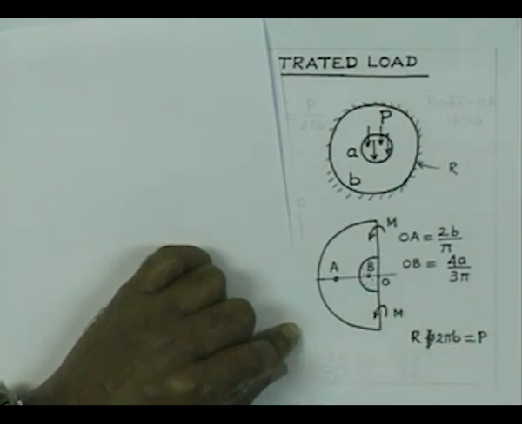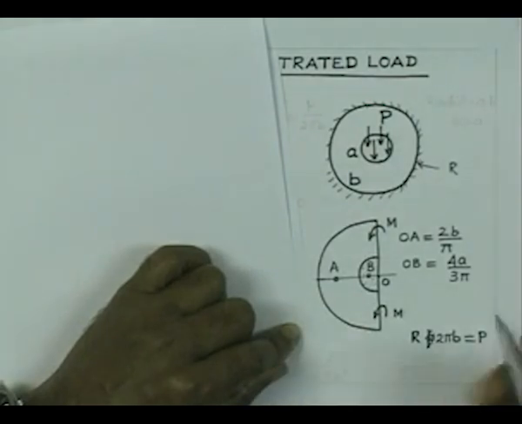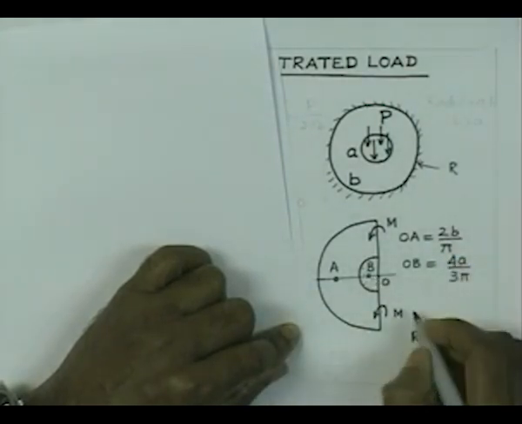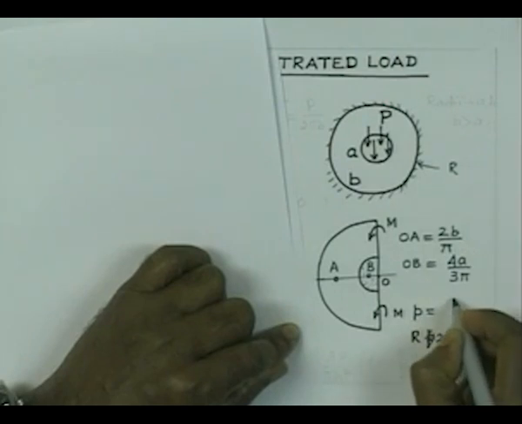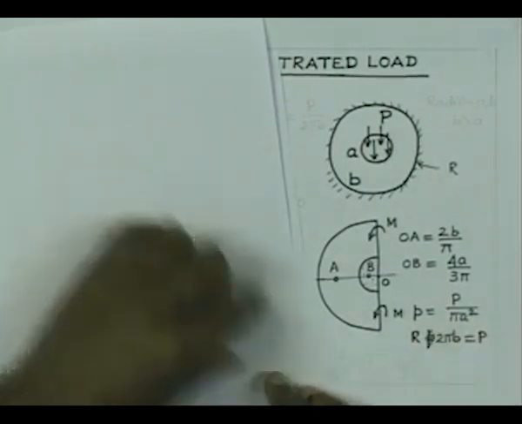So, we get that intensity of the loading. Similarly, we can also find out p, which is the intensity over the smaller circle. It is going to be nothing but P by pi a square. So, both these informations are available.